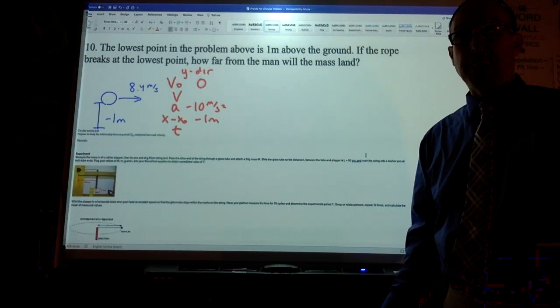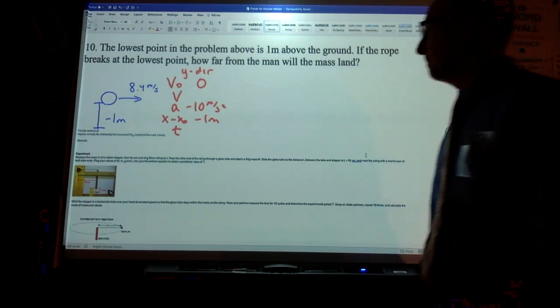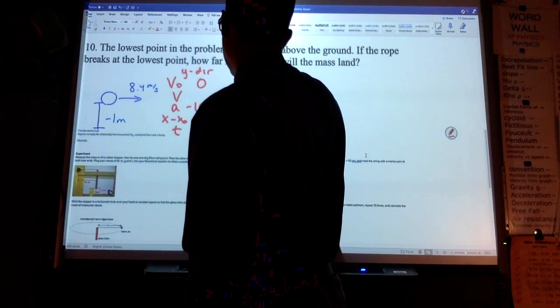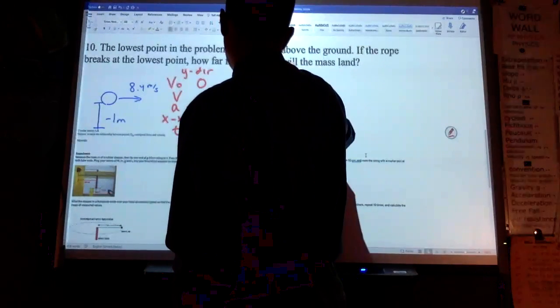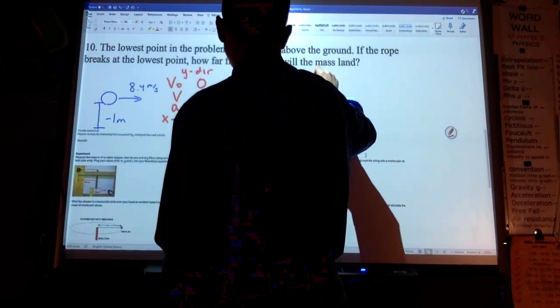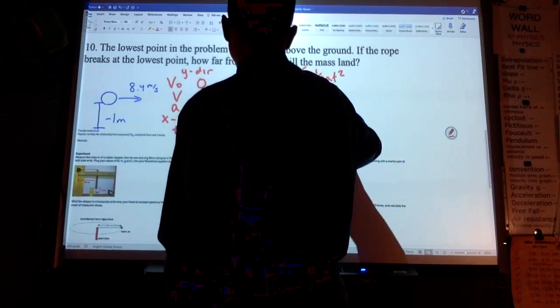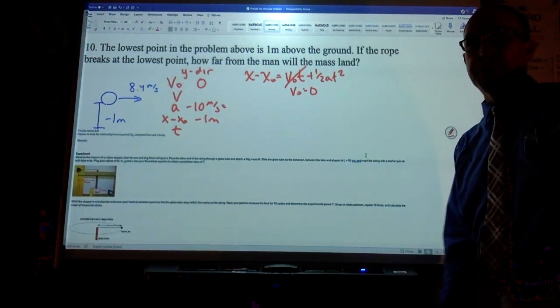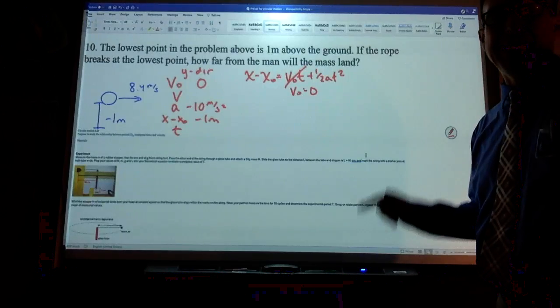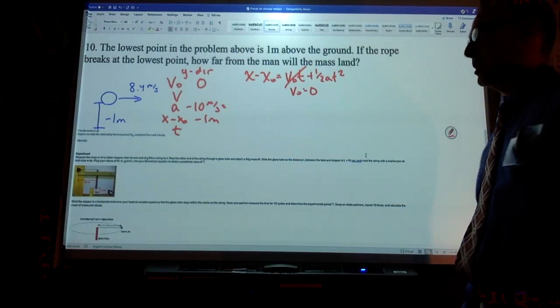We take down to be negative. All right, so looking at our kinematics equation that we use the most, we can see that this is going to cancel out. We start with no initial velocity. The velocity is all sideways at this point.